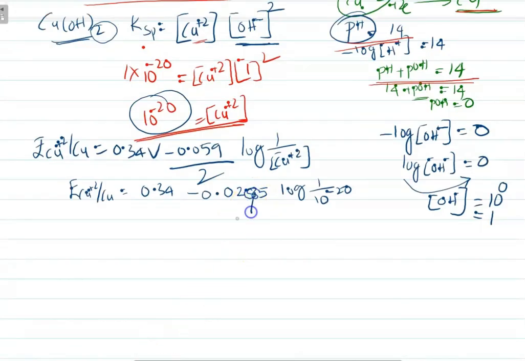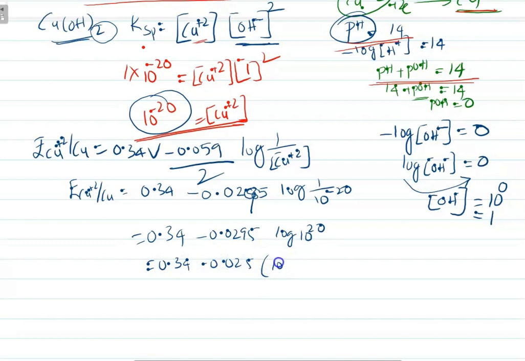So that is equal to 0.34 minus 0.0295 log 10 to the power of 20, because 10 to the power of minus 20 becomes 10 to the power of 20 when it goes to the numerator. Log a power b is equal to b log a, so that is 20 into log 10, and the log 10 value is 1.